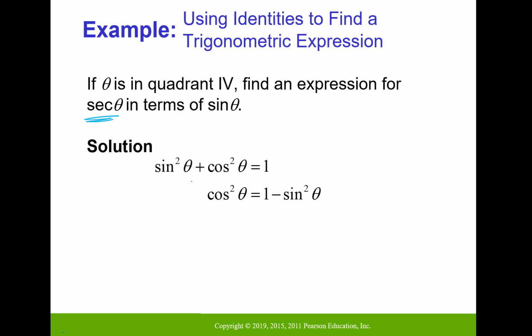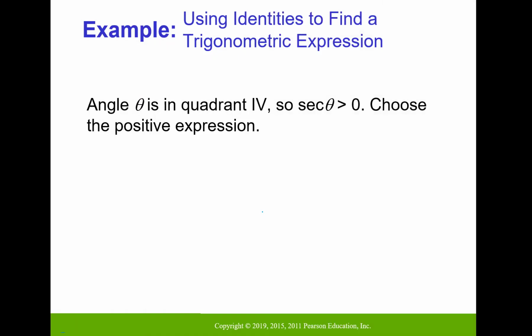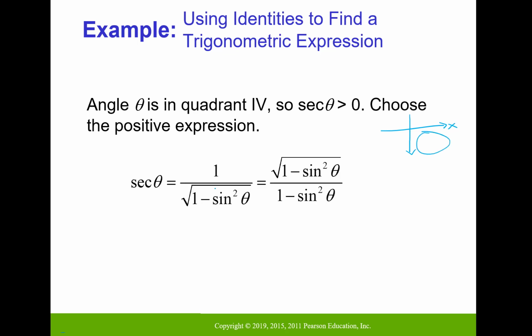So if we just subtract sine squared from both sides, we get cosine squared equals 1 minus sine squared. And then we'll take the square root of both sides, and when we do that, we take plus and minus, and then we consider if we want to keep plus and minus or just pick one of those signs. And so secant is equal to the reciprocal of this. So now let's consider the fact that this angle is in quadrant 4. And so secant is 1 over cosine, and secant would be positive in quadrant 4 because in quadrant 4, x values are positive.